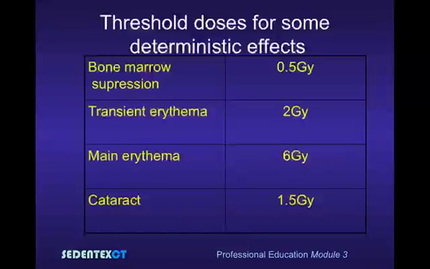Here are some doses of radiation that are threshold for some of these deterministic effects. You'll notice cataract at the bottom, where the equivalent dose is 1.5 grays. This is all very interesting, but does it have any relevance to dental work? Well, the answer is it should never have any relevance to dentistry, because these radiation doses are all extremely high.